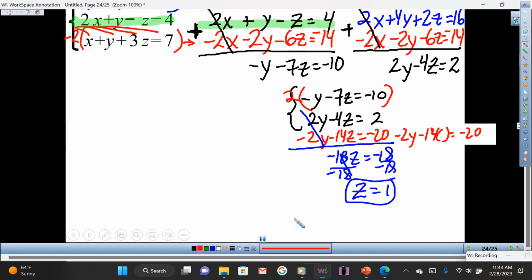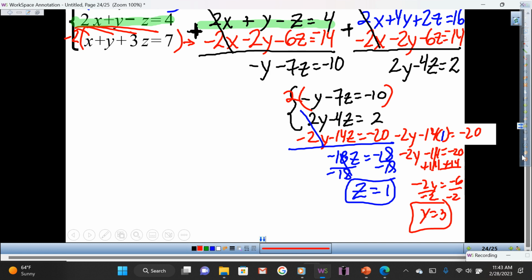And I'm going to substitute 1 there for z. So this becomes negative 2y minus 14 equals negative 20, plus 14 plus 14. Negative 2y equals negative 6. Divide by negative 2. Y equals 3.